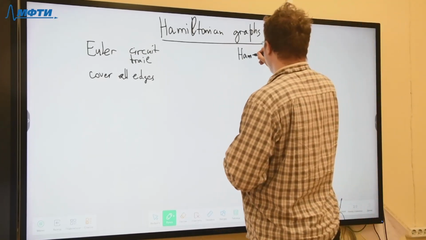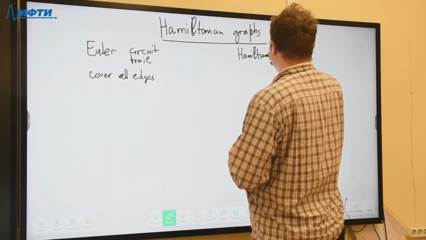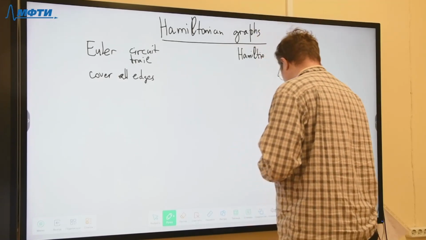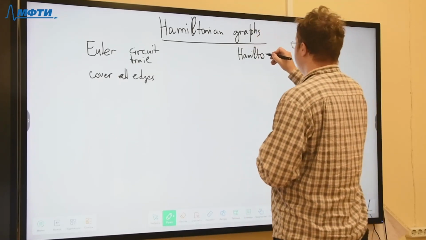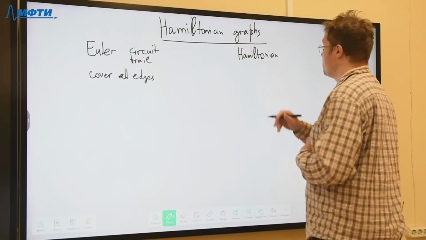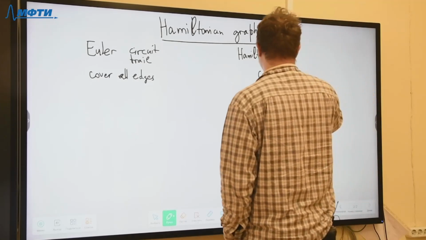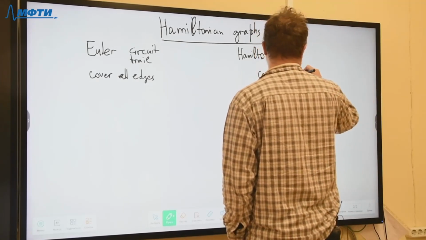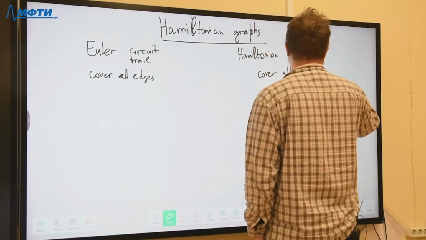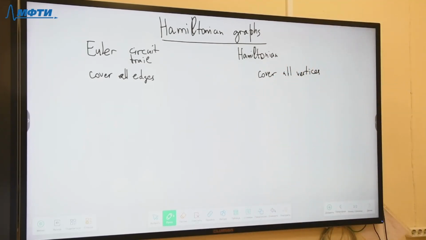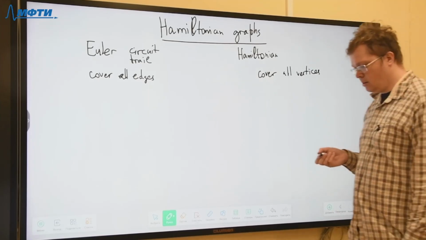So Hamiltonian is a similar conception, but now I want to cover all nodes or vertices. And when I need to cover all vertices, I bother about using exactly a cycle or path.